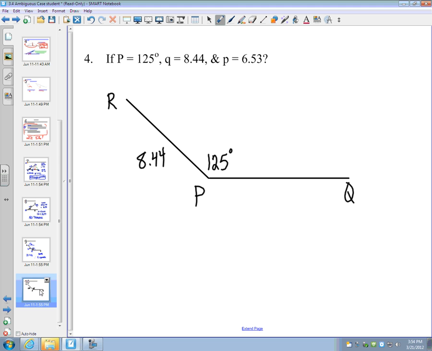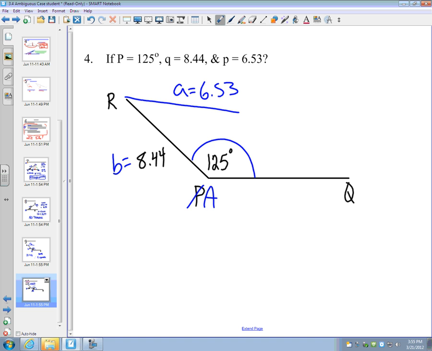Next up, if P is 125, Q is 8.44, and P is equal to 6.53. So it's, again, obtuse. Let's call this A. This is B. Side A here is 6.53.